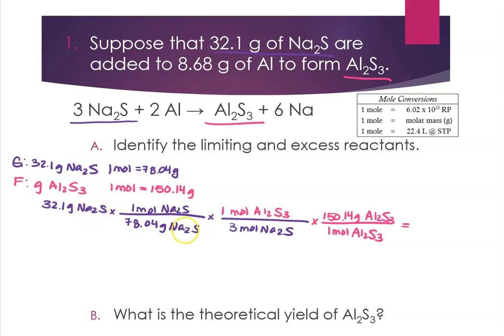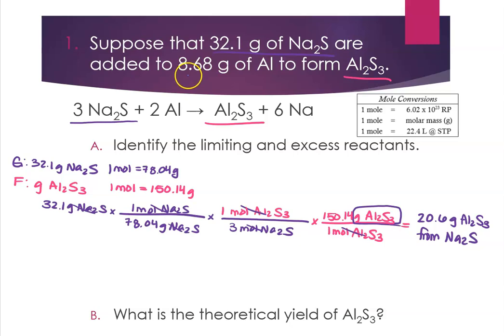So grams Na2S cancel with grams, moles Na2S cancel with moles, moles Al2S3 cancel with moles Al2S3, and I'm left with grams of Al2S3. So this gives me 20.6 grams of Al2S3 from the Na2S. All right, so Na2S produces 20.6 grams of Al2S3.